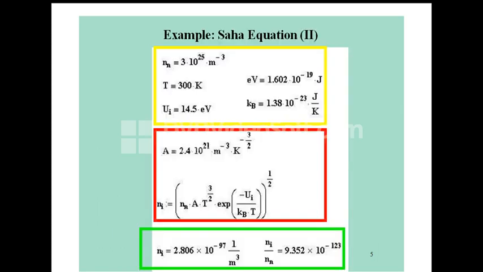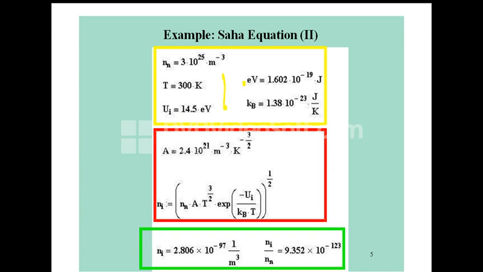Let's take an example. Suppose Nn is 3 × 10^25 per meter cubed. Temperature is the room temperature, and the ionization energy is 14.5 electron volts. We know the relation that k is the Boltzmann constant, and an electron volt is 1.6 × 10^-19 joule.